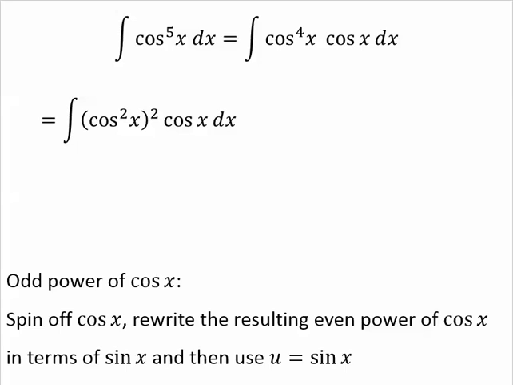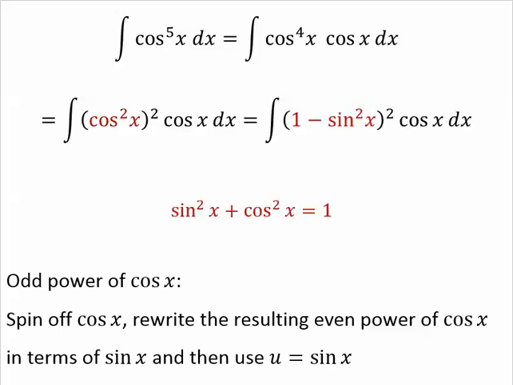To do that, I first rewrite cosine to the 4th as cosine squared, squared. By writing it that way, I can use the Pythagorean theorem. Cosine squared equals 1 minus sine squared. So I have rewritten my even power of cosine in terms of sine.